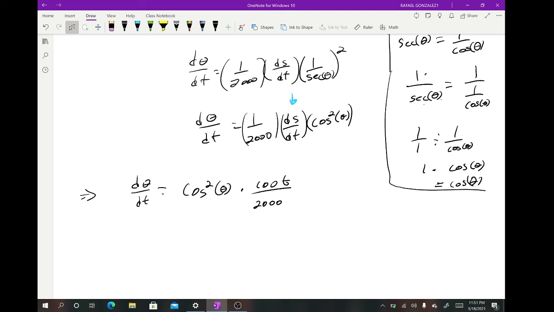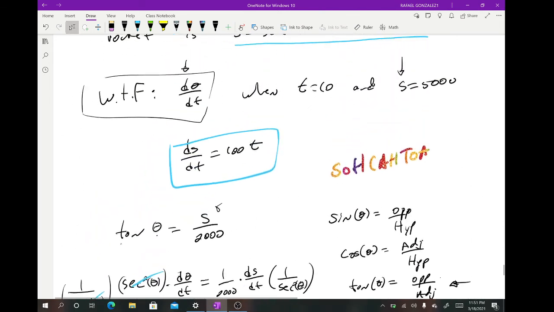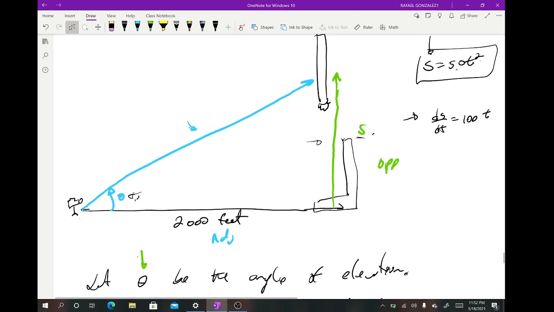Now, what is cosine squared theta? Well, if we look back at our picture, we can actually figure out now by using the Pythagorean theorem what the hypotenuse is.